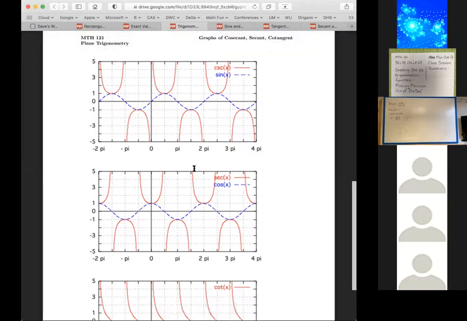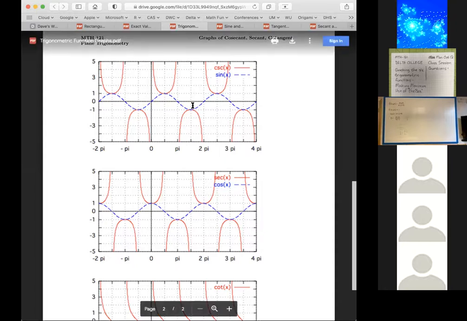You can think of the cosecant and secant shape as essentially a U, except a U that goes on forever and never stops, a very tall U. Relatively flat in the center where it touches the sine or cosine graph.